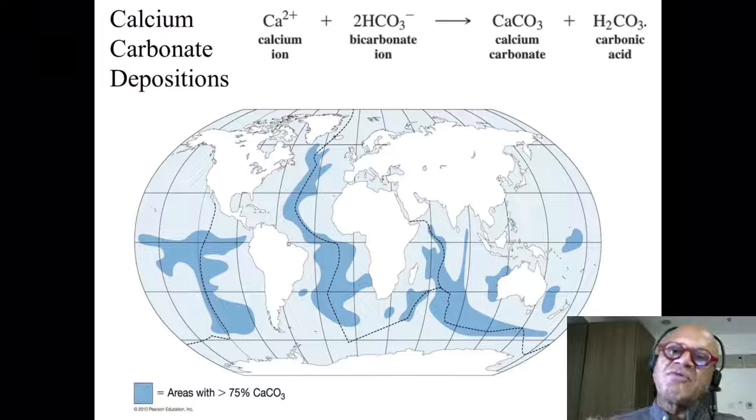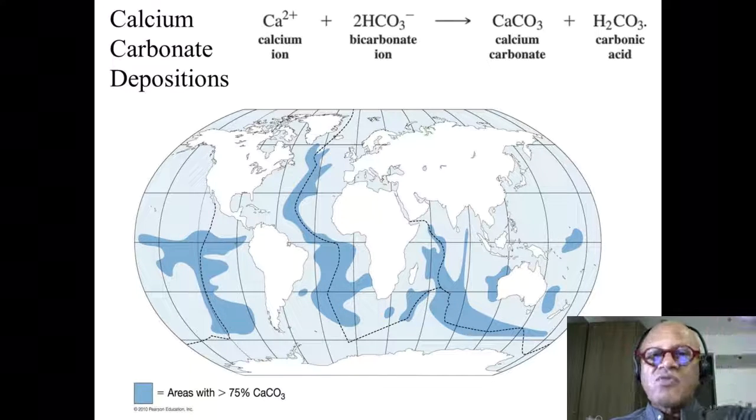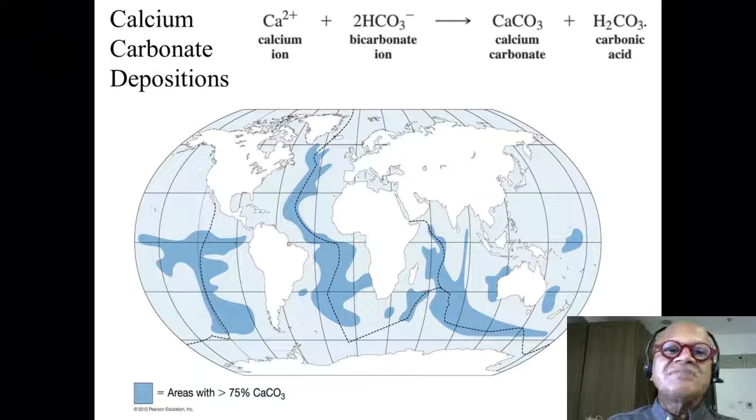It may get mineralized at the bottom by microbes, but nonetheless, that depth where the rain rate of calcium carbonate and the dissolution rate are the same is called the calcite compensation depth, CCD. That's where calcium carbonate will get deposited.